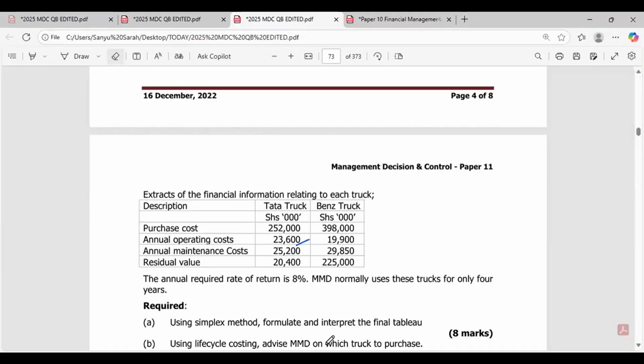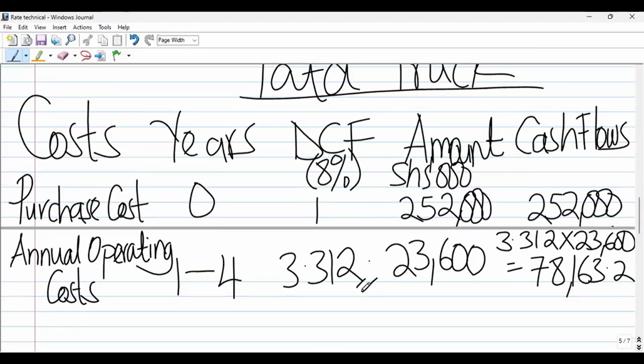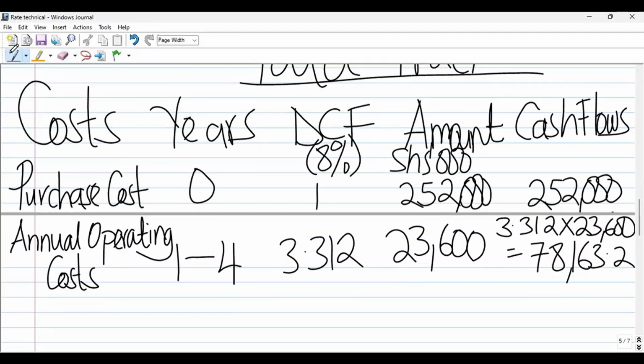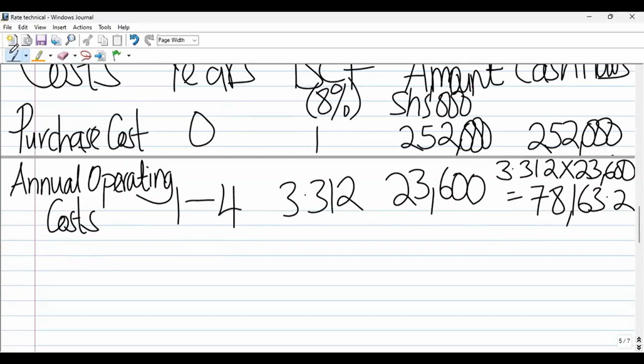Annuity means you have the same cash flow for 4 years. So once you use this factor here, it is enough. Do you get it? Yes, madam, thank you. So that's why we've used annuity. Annuity means a uniform cash flow for a specified period of time.